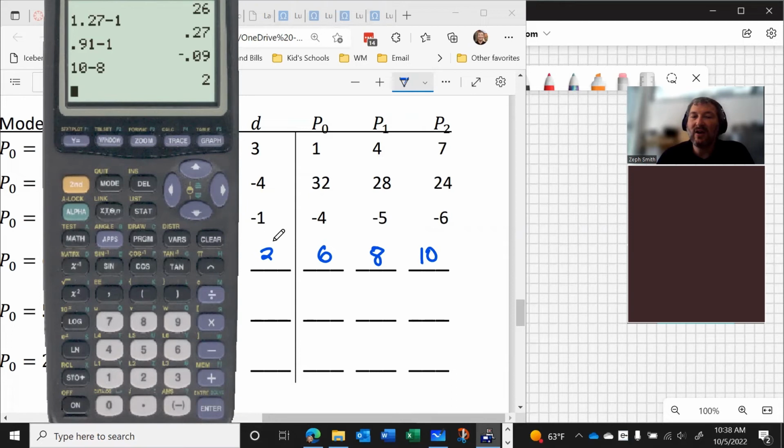This is why they call this D. D stands for the difference between a value and the value before it. That's where D comes from.